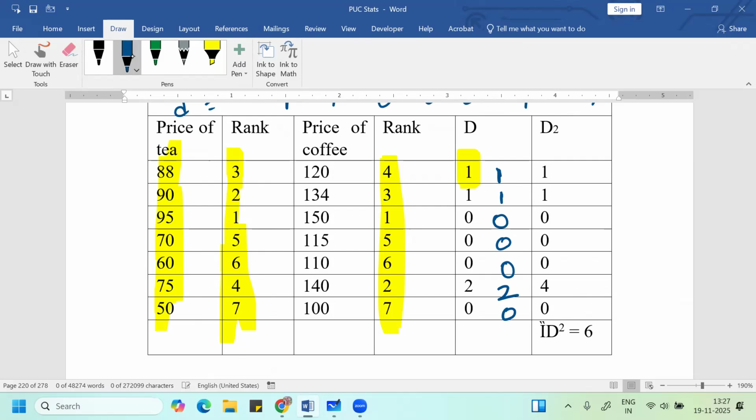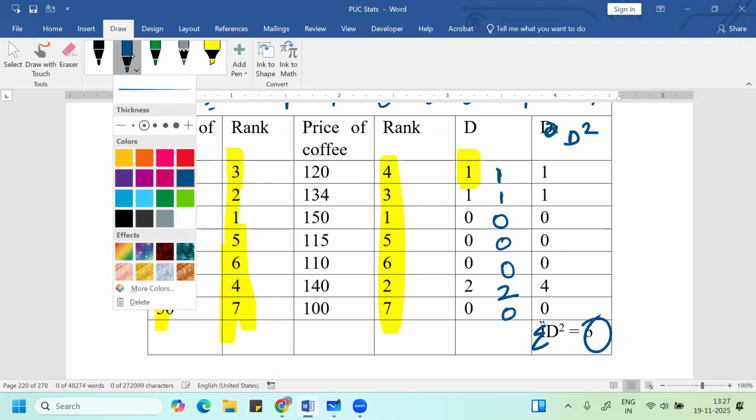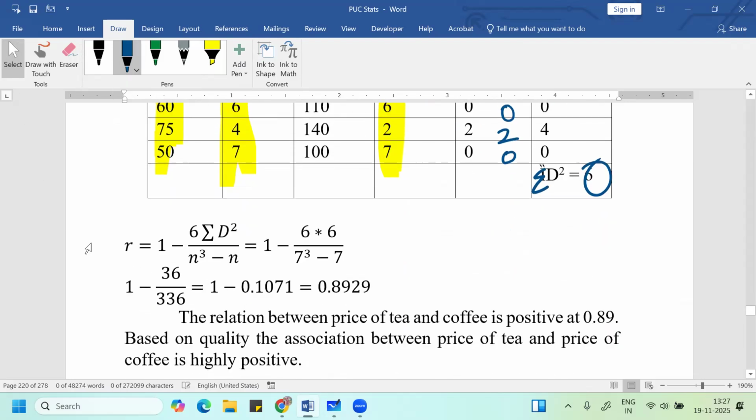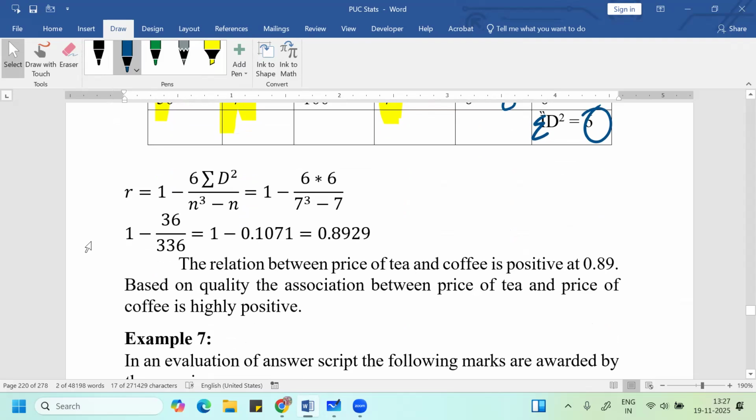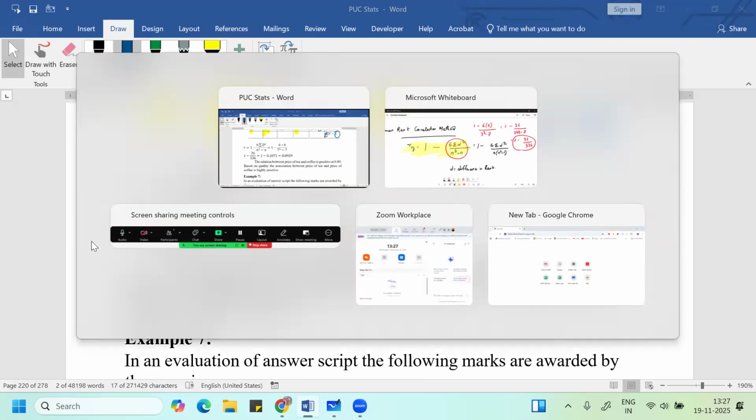Then we do the square of this, and so I got the sum of d square. Here the sum of d square I'm getting as 6. Once I got the 6, I'll solve it. 1 minus 36 by 336, and 36 by 336 is 0.1071.